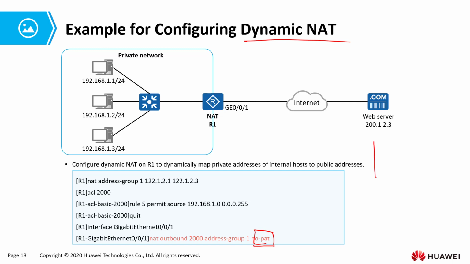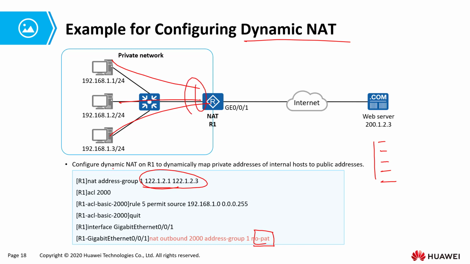Otherwise, we can only have as many internet users accessing the internet as the number of public addresses we have. The users can change, but the concurrent ones accessing will only equal that number. These are 3 public IP addresses, so only 3 people can access at any time, concurrently.